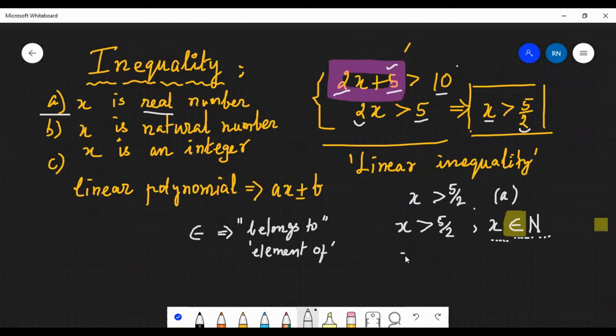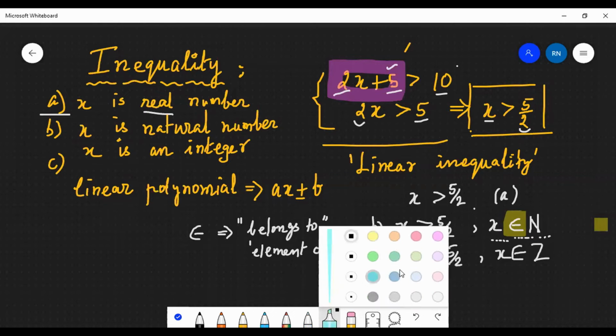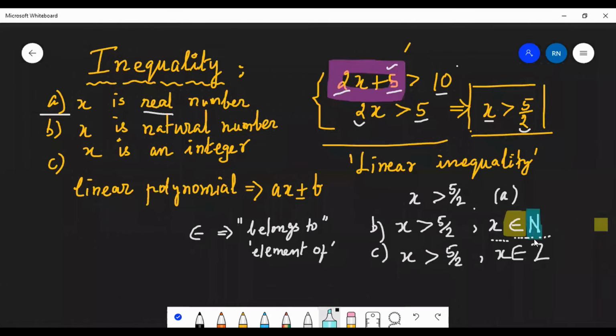Okay. Then suppose x is an integer, how do you represent it? You have to give an explanation. X greater than 5 by 2, don't leave it out like that. And we mention the set of integers. So simultaneously, you are also learning the notational way of writing.